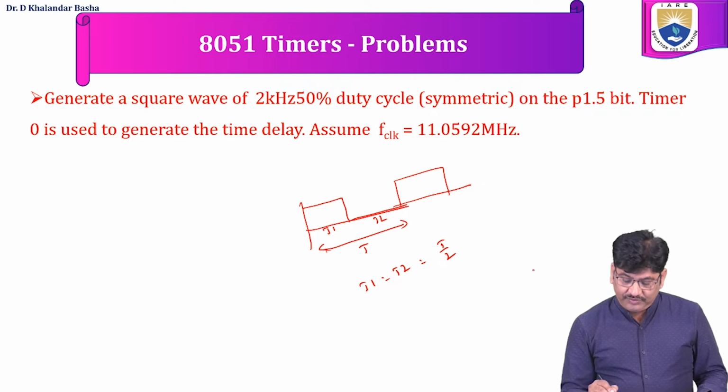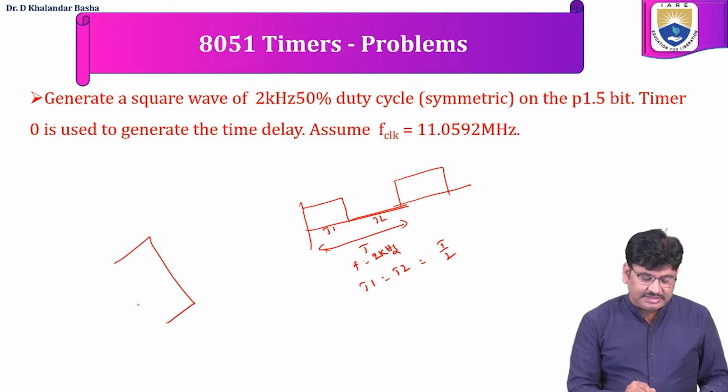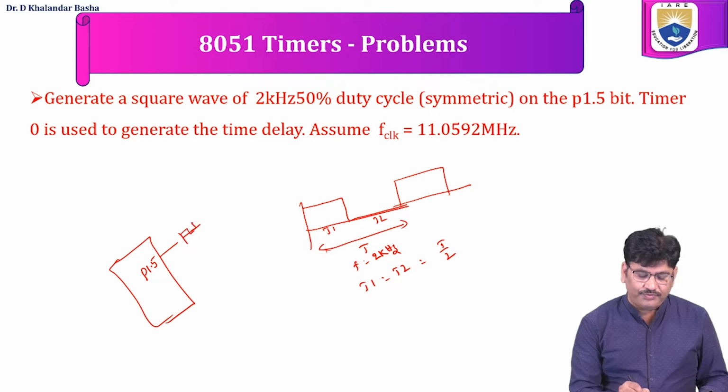The frequency of the signal we want to generate is 2 kHz, and we are going to generate it on port 1 5th bit, through which we generate a square wave.